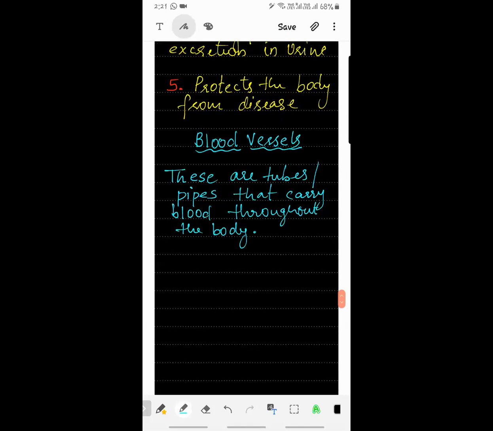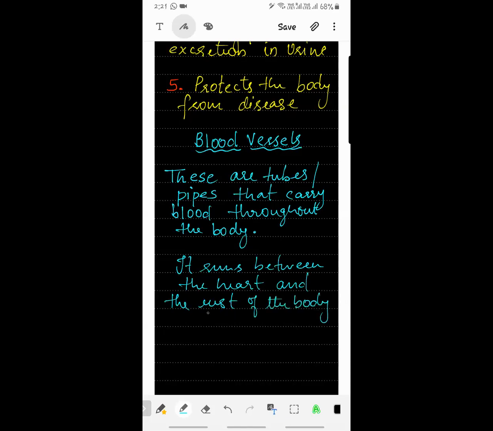So we'll see how these blood vessels are made. It runs between the heart and the rest of the body.